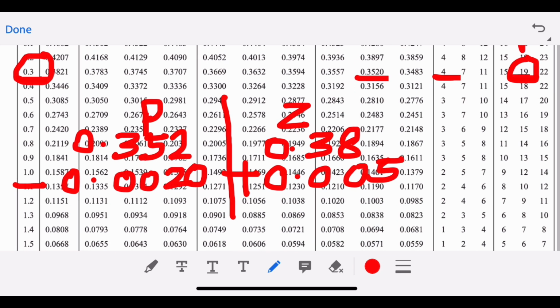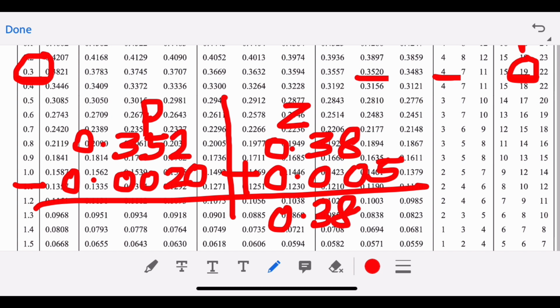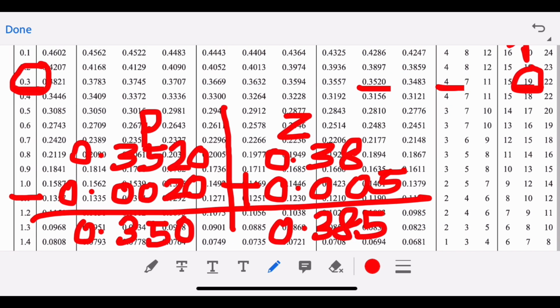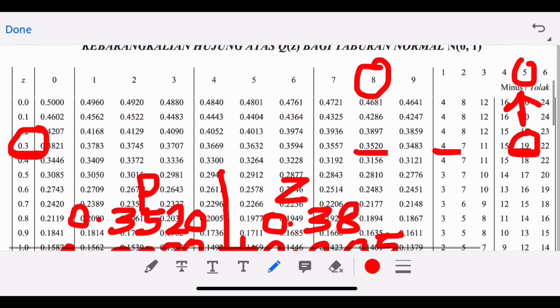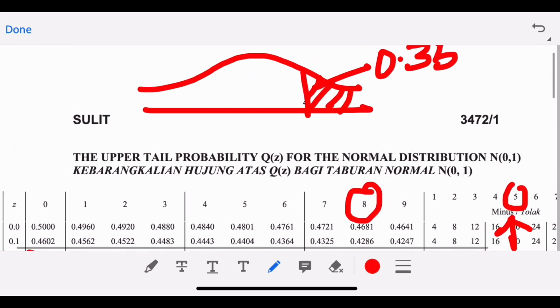So when you minus out 0.0020, you have to plus 0.005 for the z-score. Hence the probability 0.350 is equivalent to a z-score of 0.385.